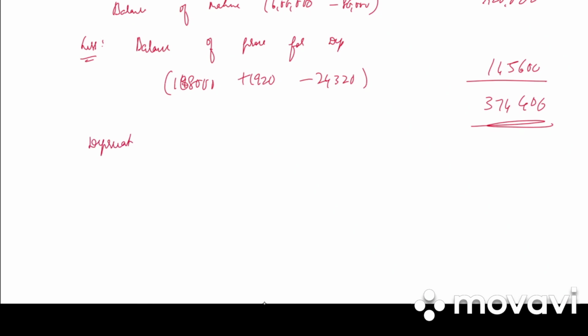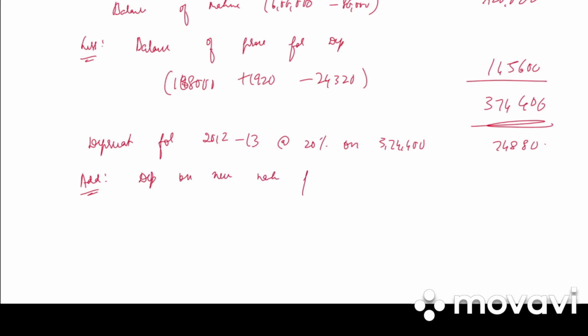Next we have depreciation for 2012-13 at 20% on 3,74,400, that is 74,880. Add depreciation on new machinery for 10 months on 1,50,000, it is 25,000, 99,880.